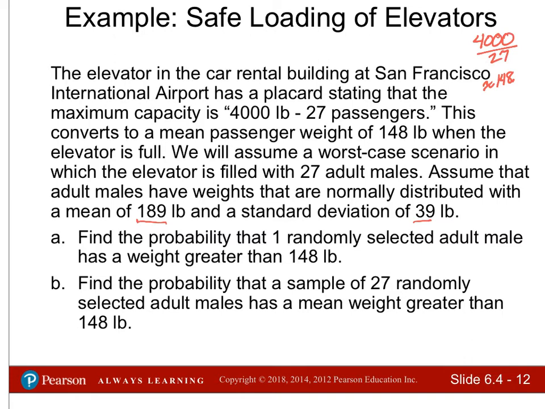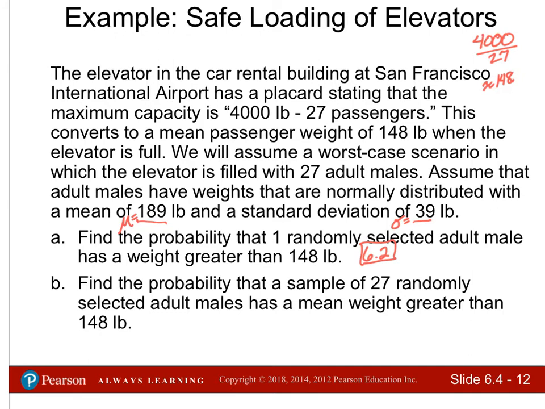So this is the mean of the population, that's mu, and this is sigma of the population. Okay, so find the probability that one randomly selected adult male has a weight of greater than 148. So this is 6.2. That's the kind of question you would ask in 6.2, and we'll work on that here in a second. Then find the probability that a sample of 27 has a mean greater than 148.